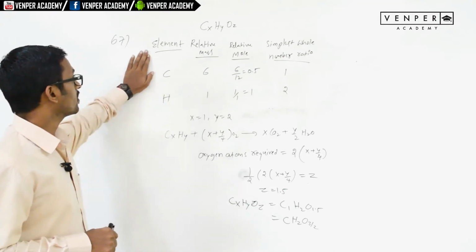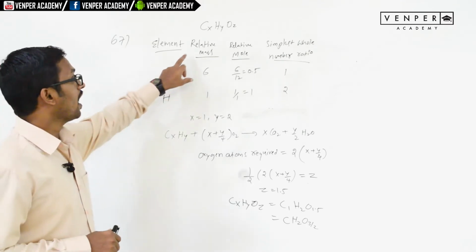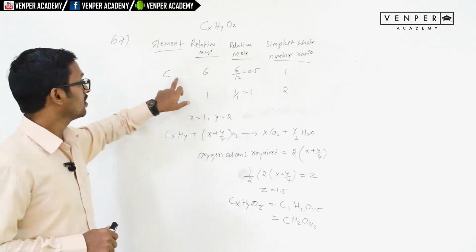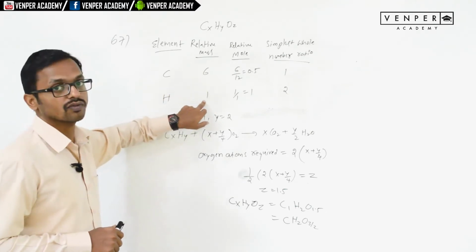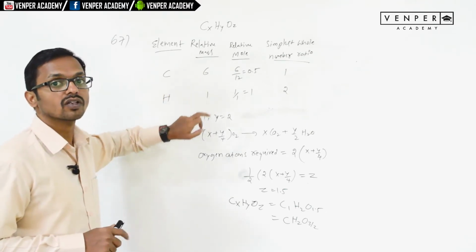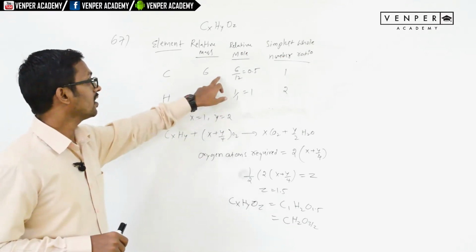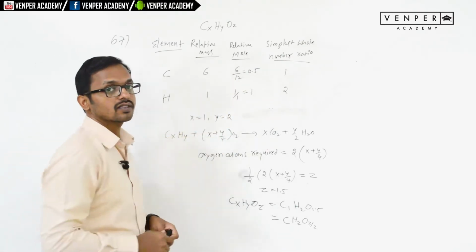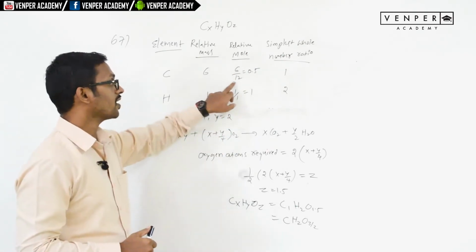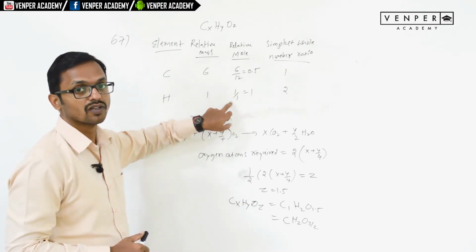Here let's take the elements C and H, that means carbon and hydrogen, and their relative masses are 6 for carbon and 1 for hydrogen, which is nothing but 6:1, as given in the question paper. Here their relative mole ratios are 6/12, that means 6 by atomic mass of carbon, and 1/1, that means 1 by atomic mass of hydrogen.